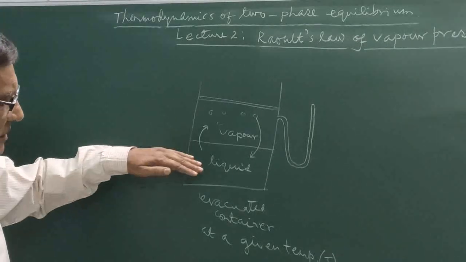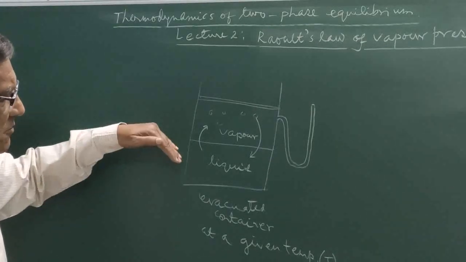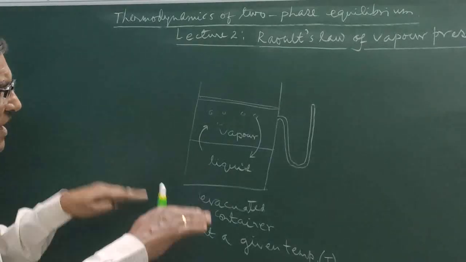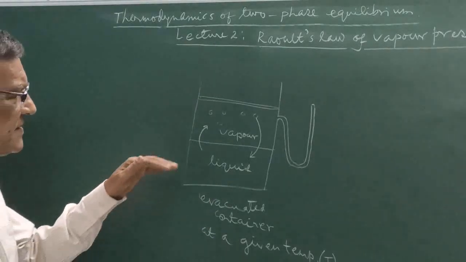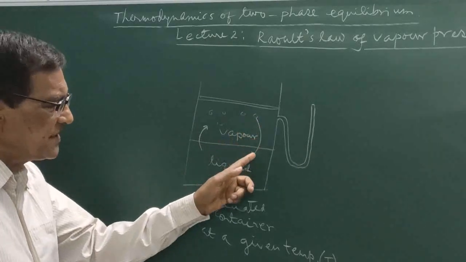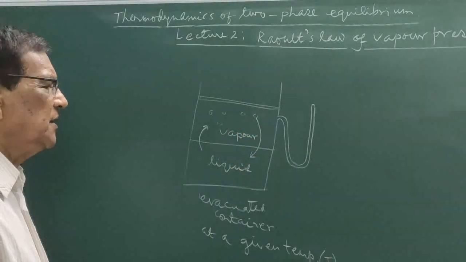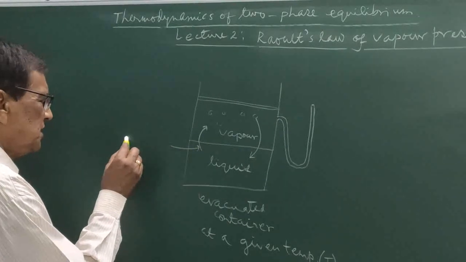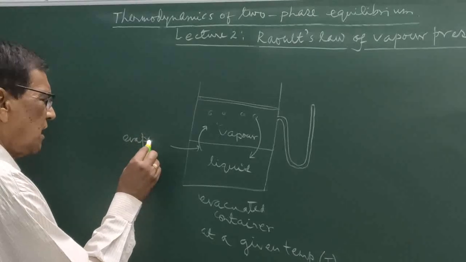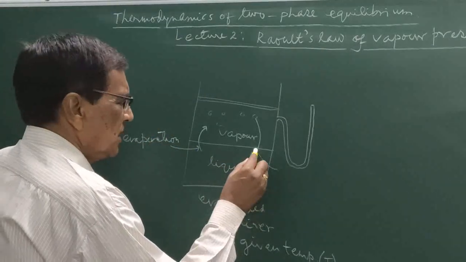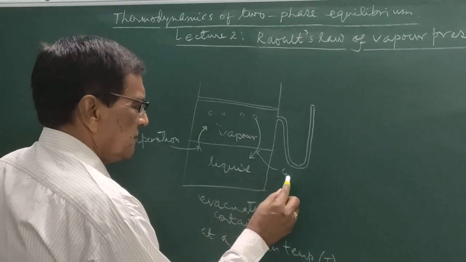At the start, the rate of evaporation becomes high. But as these vapor molecules are accumulating, the condensation is also getting much more momentum. This one is the evaporation, and this one is condensation.